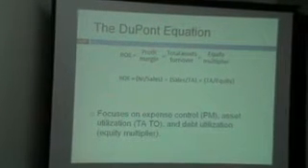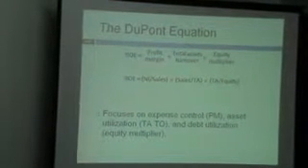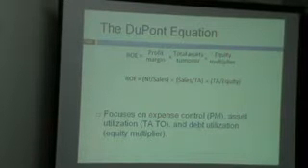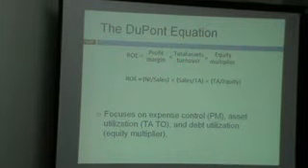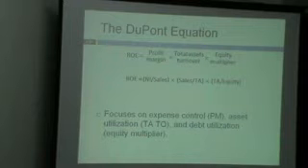Total asset turnover is sales divided by total assets, and equity multiplier can be calculated by dividing total assets by equity. So this DuPont equation focuses on expense control, which is profit margin, asset utilization, which is total asset turnover, and debt utilization, which is equity multiplier. So basically in DuPont equation, we are looking at the combined effect of all these three: how the expense control of the business is, how asset utilization is, and how debt utilization of that company is.